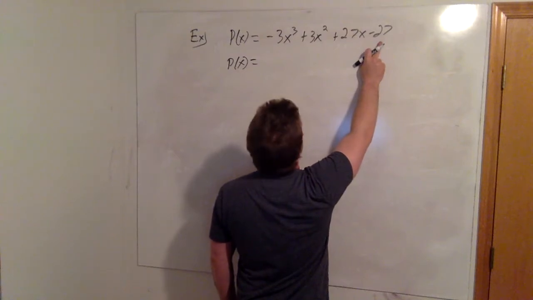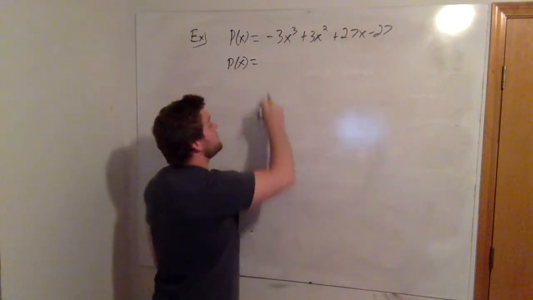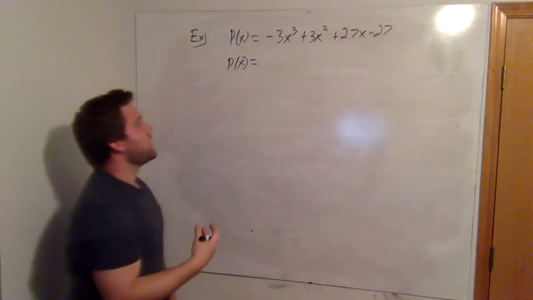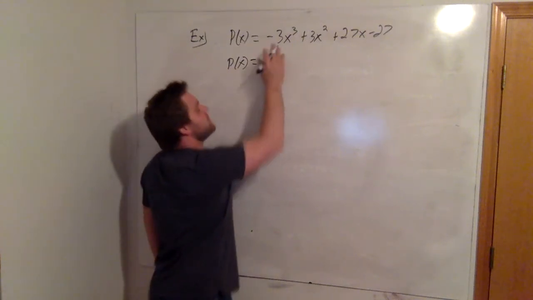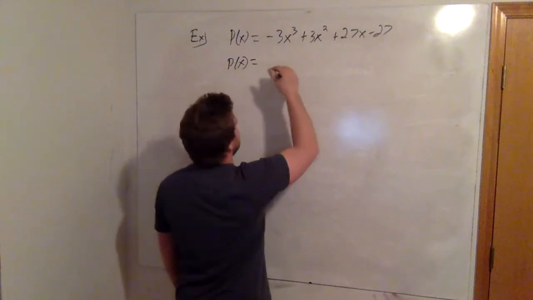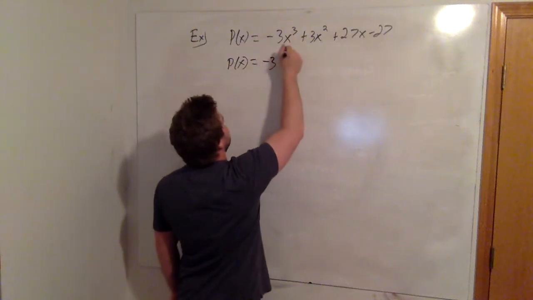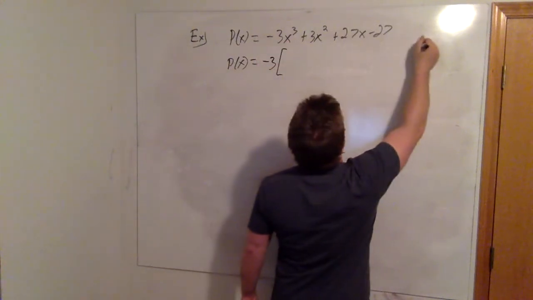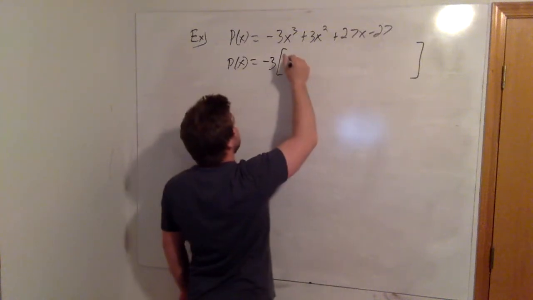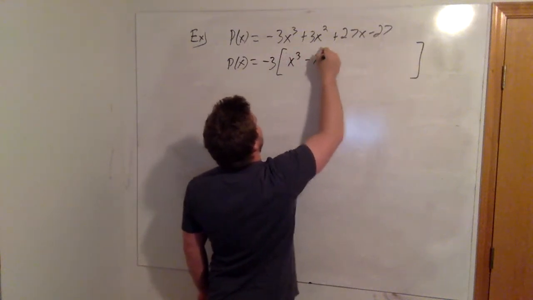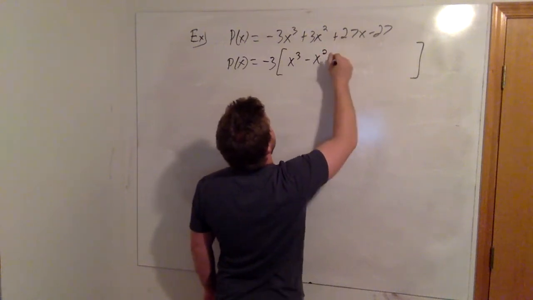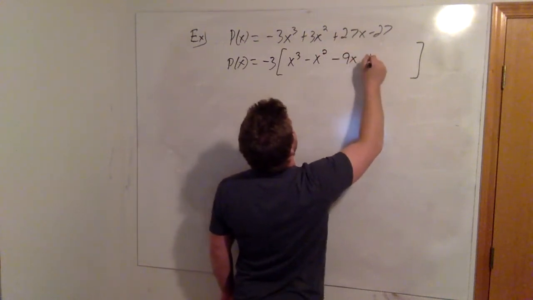This is a common factor of 3, but I'm also going to choose to factor out the negative. If the leading coefficient is negative, I usually try to factor it out. So let's factor out a negative 3. I'll be left with x cubed minus x squared minus 9x plus 9.